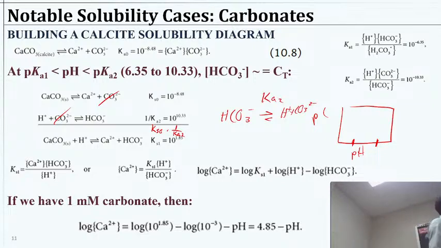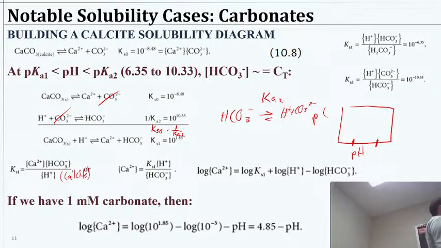So we get this Ks1 equal to calcium times bicarbonate divided by H plus. We would also have the calcite, but that goes to 1, right? The calcite, it's a solid, so we treat it as 1. So that gives us this function, calcium.